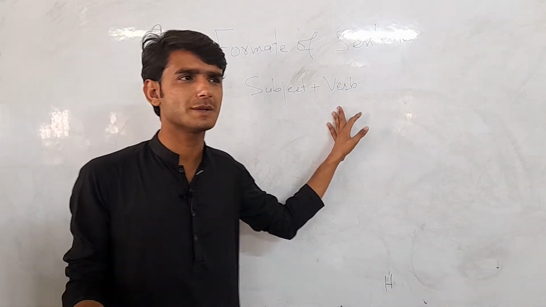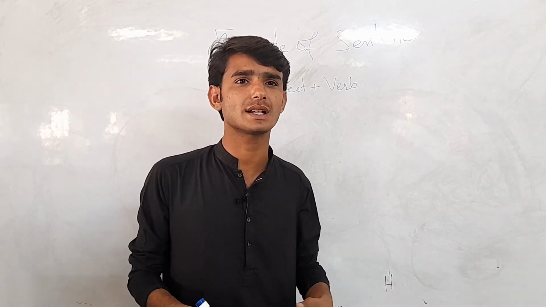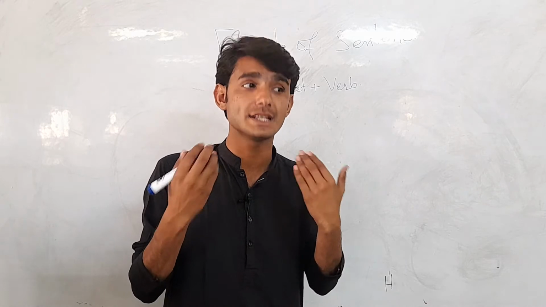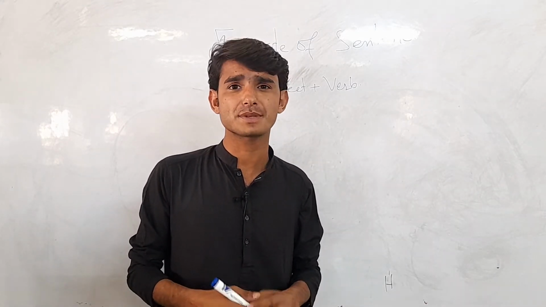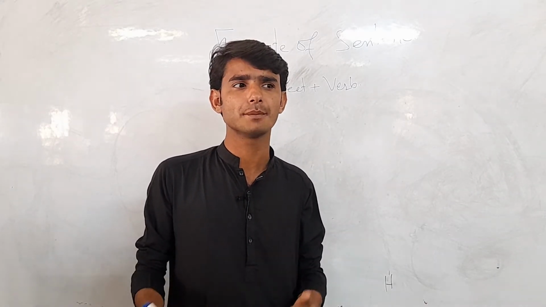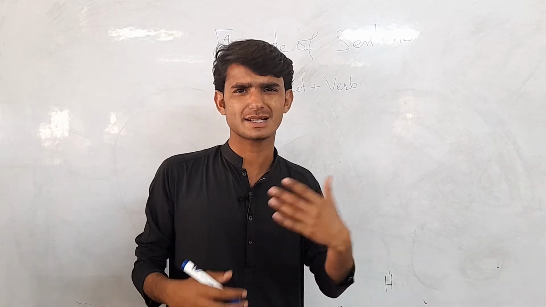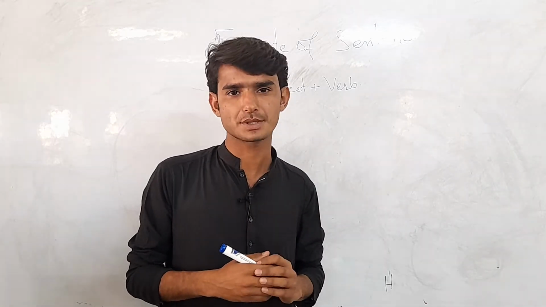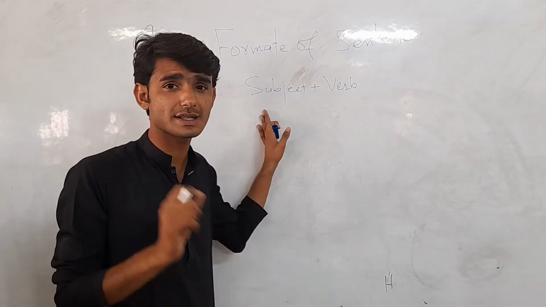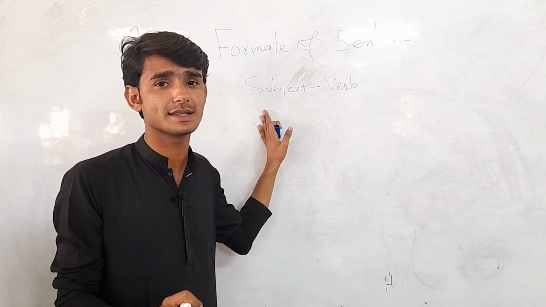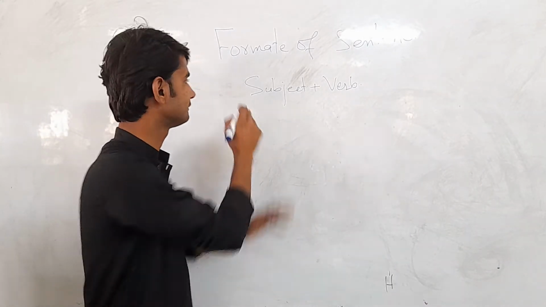A verb has a variant definition in accordance with its form. We have the auxiliary verbs, the action verbs, and the state verbs. State verbs are those verbs that can only be felt but do not have any physical action to be observed. So the first and very simple format of the sentence is subject plus verb.